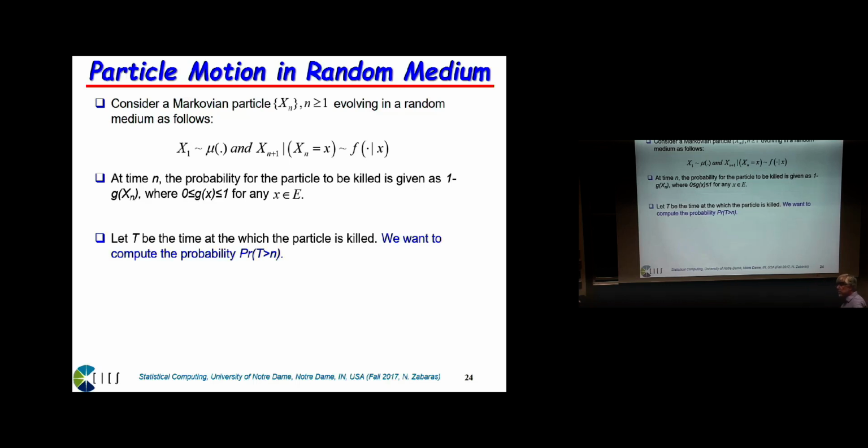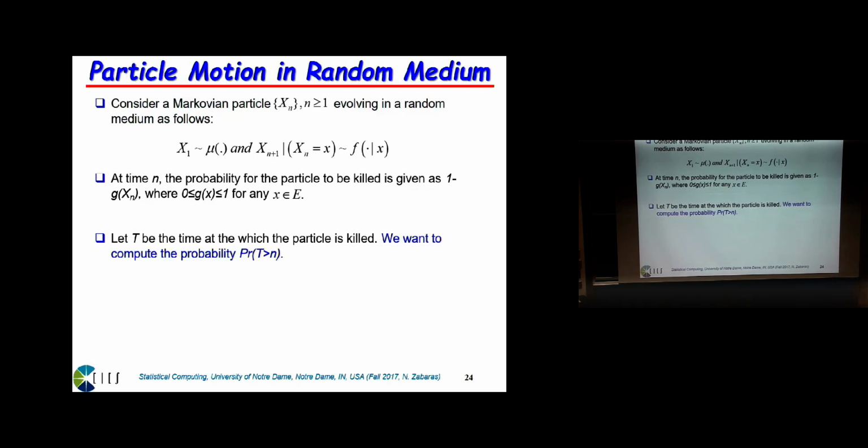And you say, what's the probability at a given time the engine will fail? So I define here that the probability for the particle, it's a particle moving in a random medium, is defined by this, but it's again up to interpretation. This probability of failure is given by 1 minus g of xn. Okay? And the problem says the following: compute the probability for the failure to take place after time n.